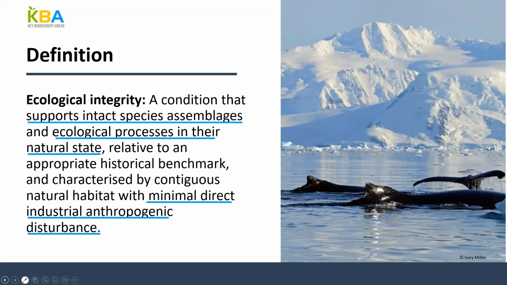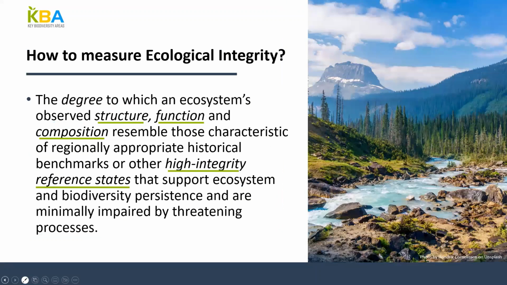And how do we actually go about measuring ecological integrity? Well, in 2021, there was a workshop in which the KBA Standards and Appeals Committee came up with a broader operational definition of ecological integrity.